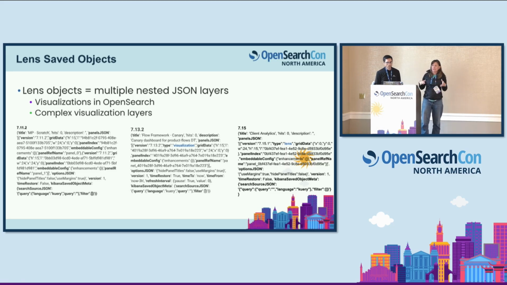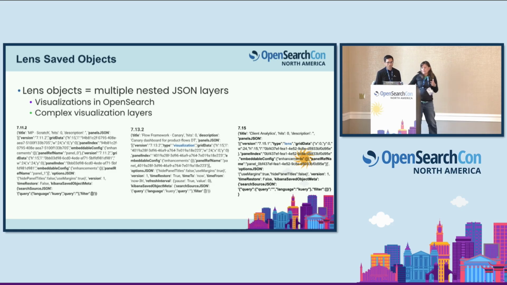And just to note, for a Lens saved object, OpenSearch kind of uses the visualization, but with Elastic there's a bunch of visualization layers you can add, which adds to the complexity of the nested JSON.